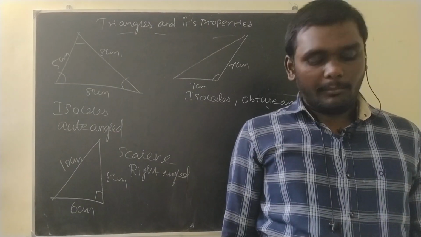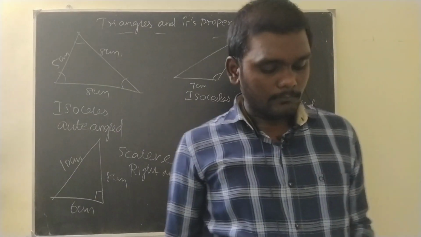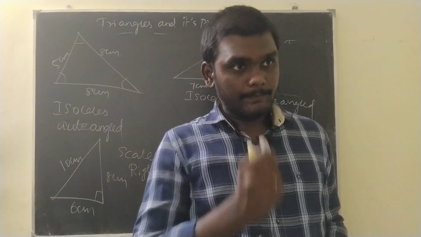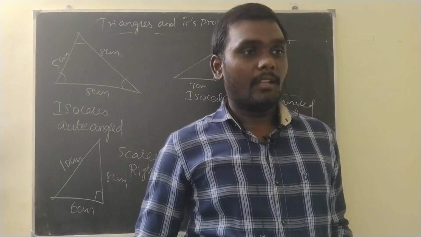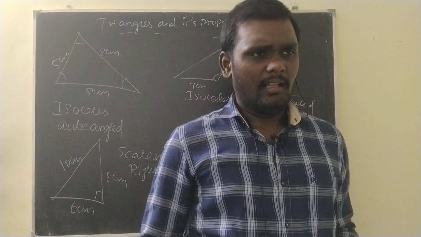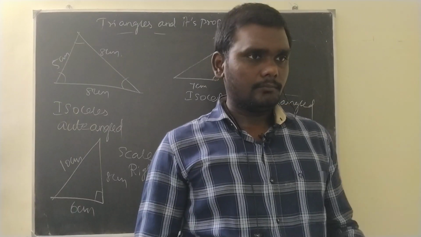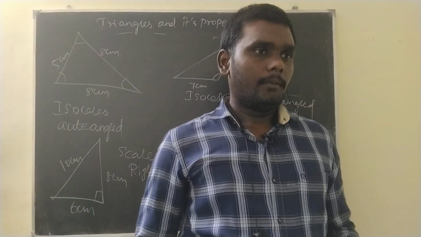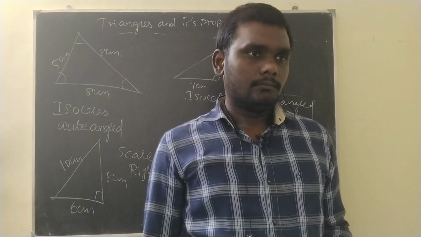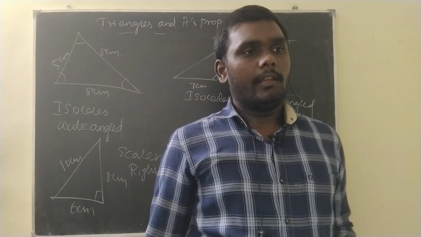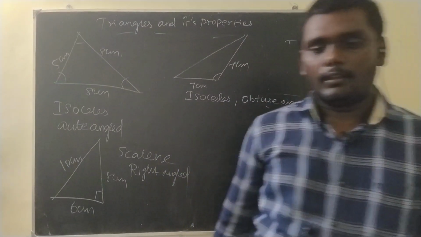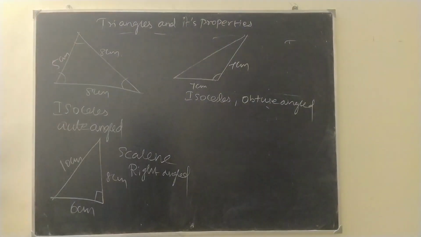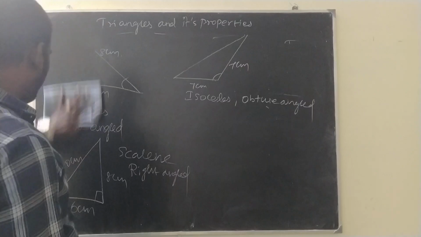Two sides are 3 centimeter. Isosceles, obtuse angle triangle. Then the other one. Isosceles right angled triangle. Okay. And then the next definition. Medians of a triangle.